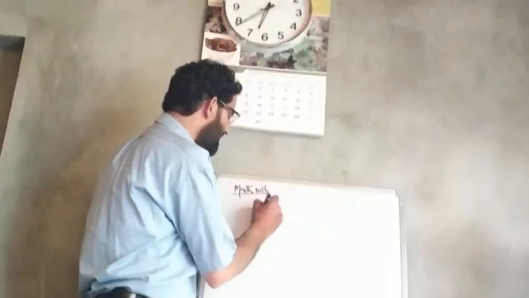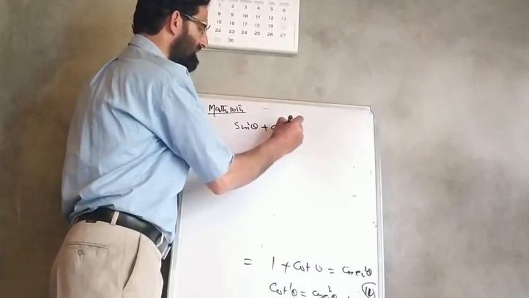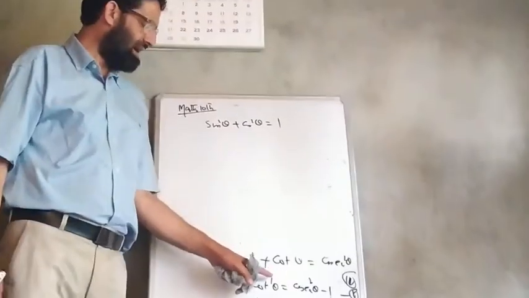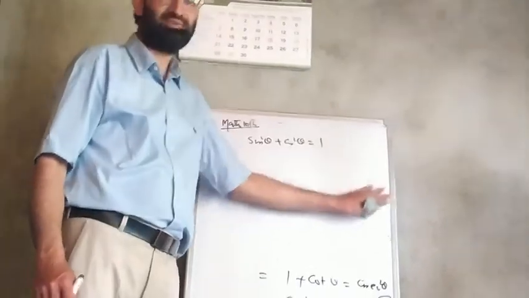Now again, we shall write this fundamental identity. Sin square theta plus cos square theta is equivalent to 1. Previously we divided each term by sin square theta. This time we are going to divide it by cos square theta.